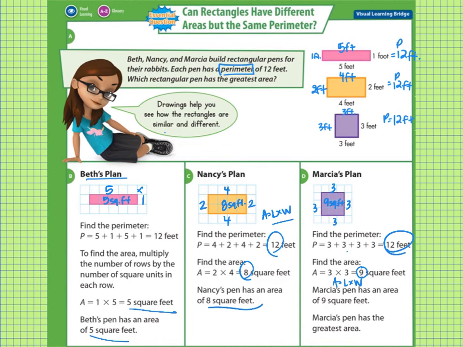So Marcia's pen has the greatest area, which is 9 square feet, because if you compare them, Marcia's was 9, Nancy's was 8, and Beth's was 5, okay? And our question that we had to answer was, which rectangular pen has the greatest area? So we can say that Marcia's has the greatest area because her area is 9 square feet.